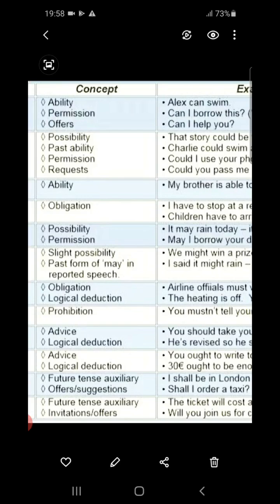Suppose you are telling to your friend, can I help you? You shouldn't say question mark after that. Only what do you want to ask? So students, you have to tell only, can I help you?